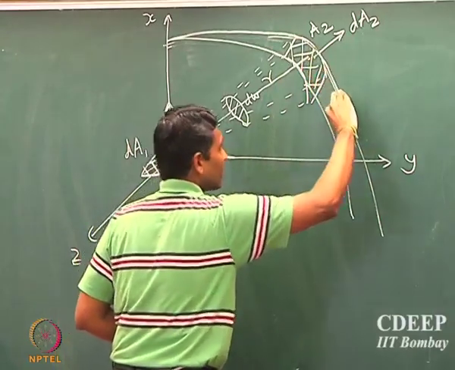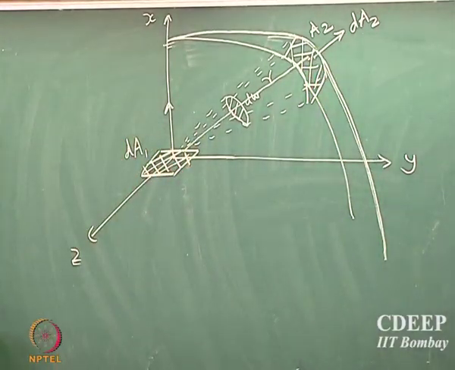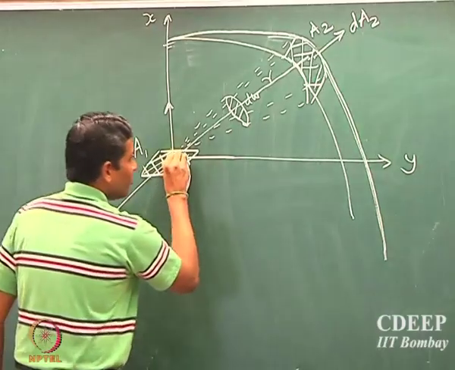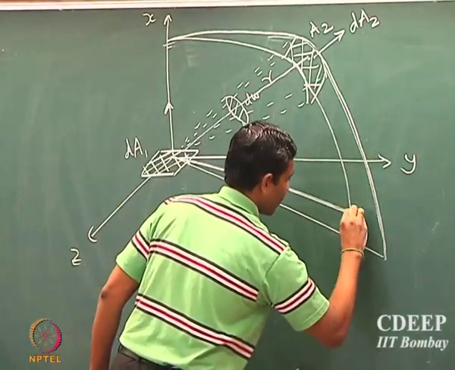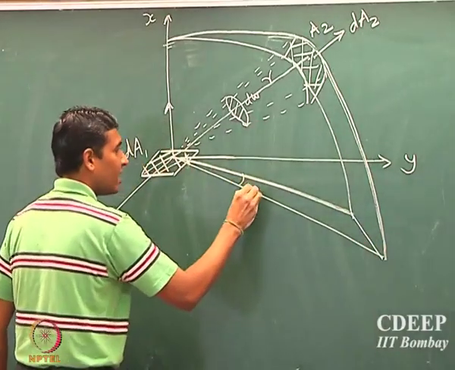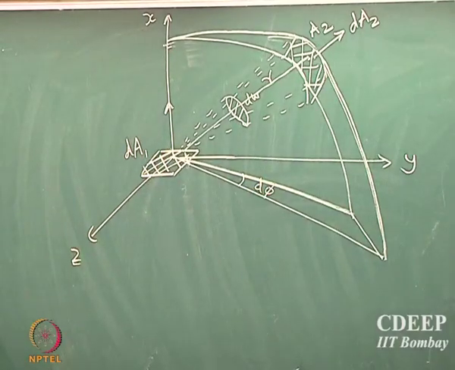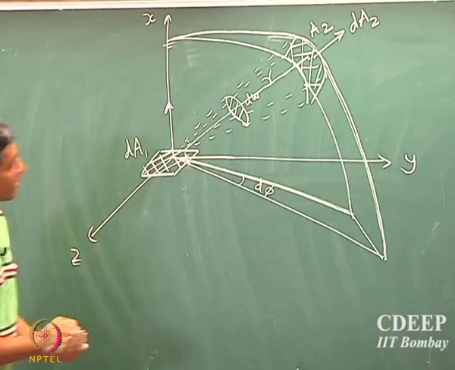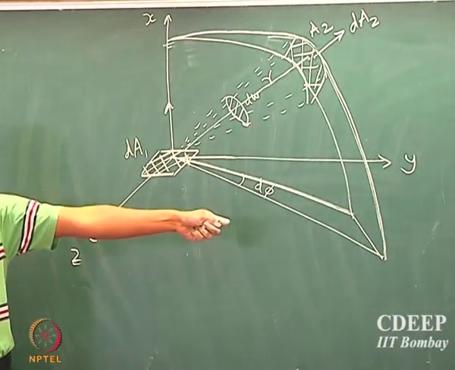Let us assume that there is a hemisphere present in three dimensions, and if I call this angle d phi, this is the angle that is subtended by this particular area on the xzy plane.